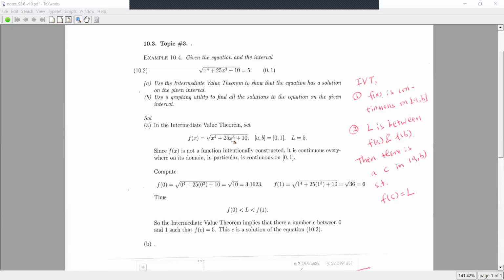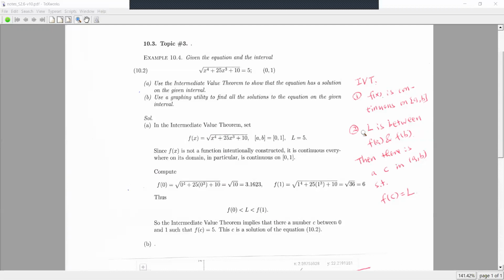Therefore, the graph of this function is continuous everywhere on this interval. So condition 1 of IVT is satisfied.